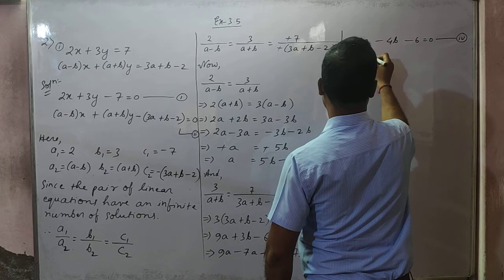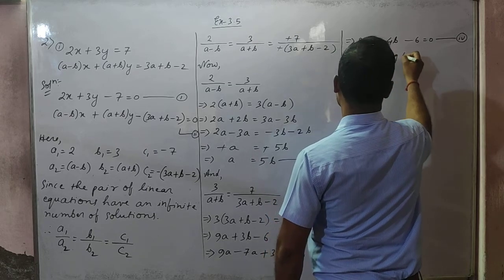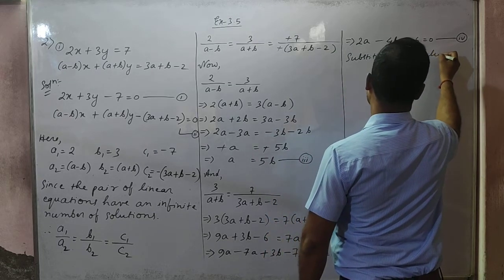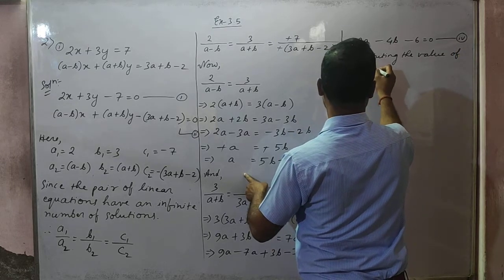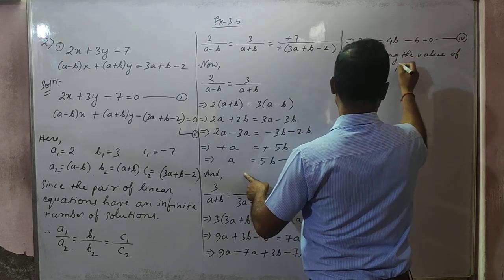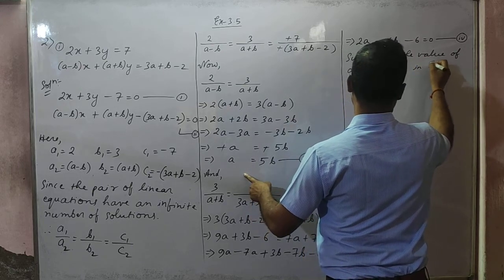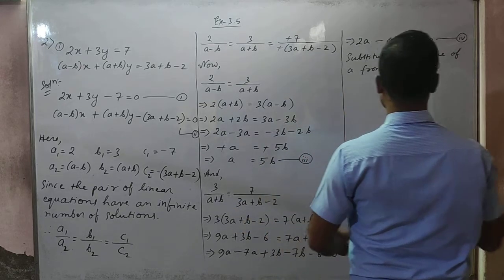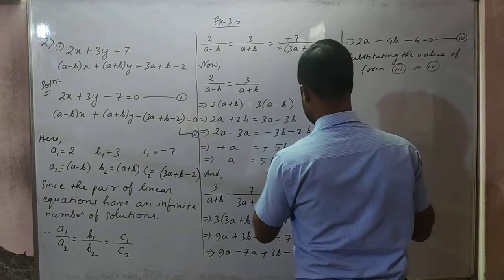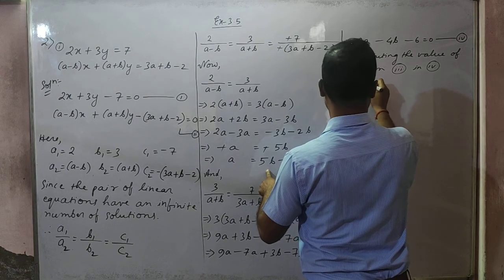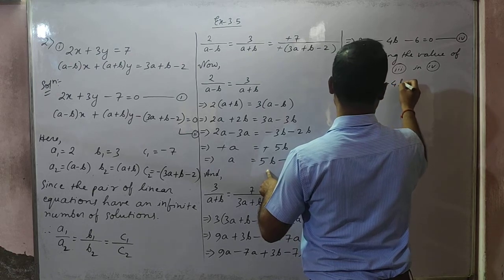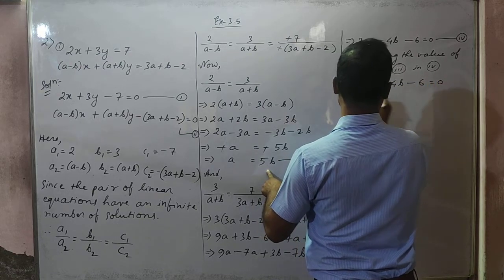Substituting the value of a from 3 in 4. Okay, from 3 in 4, a's value is what? 5b. 5b minus 4b minus 6 is equal to 0.